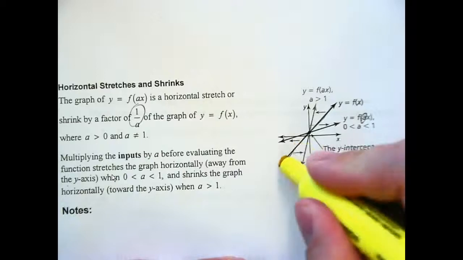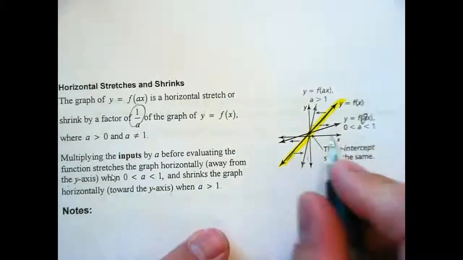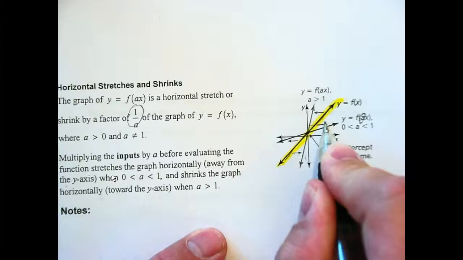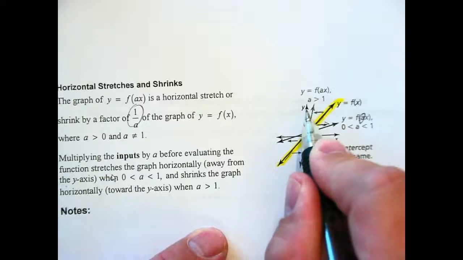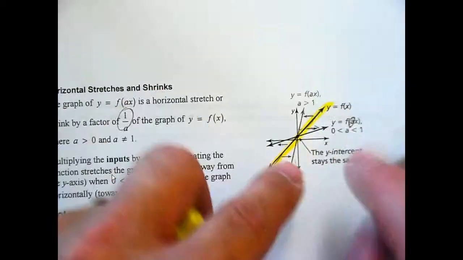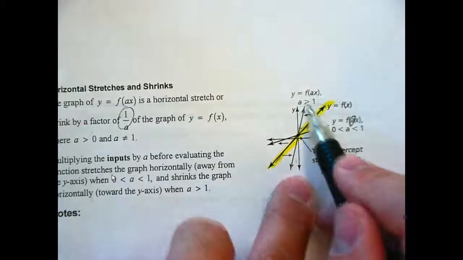When I'm doing a stretch or a shrink, if I am stretching it, I am actually moving it a factor away from the y-axis. Versus when I'm shrinking it, I am pulling it towards the y-axis. You're like taking this line and pulling it this way away, or you're taking this line and sliding it this way.